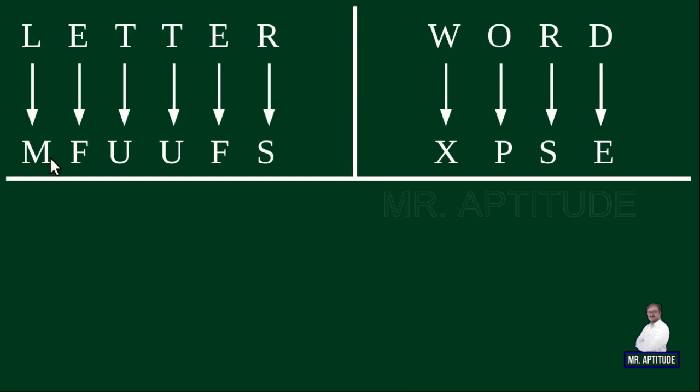L is coded as M, E is coded as F, T is coded as U, and T, U again. E is coded as F, R is coded as S. If you observe these things, L and M are consecutive English alphabet. E and its next letter is F. T and its next letter is U. E, F, R, S. In the same way, W, X, O, P, R, S, D.